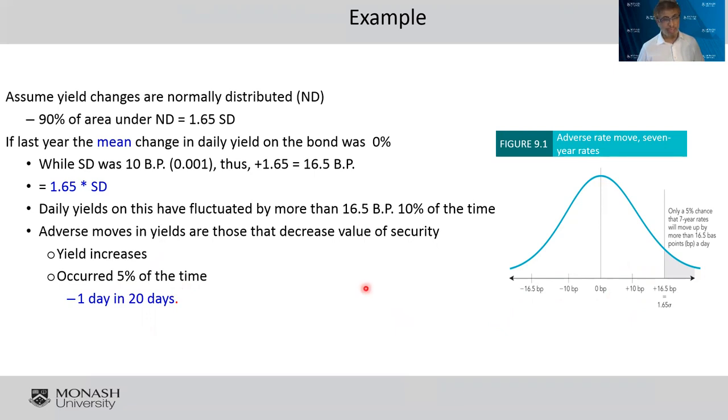Because we are taking 90% confidence, and 5% of it is 1 day out of 20 days. This is the 5% out of the 100, which is 1 day in 20 days.